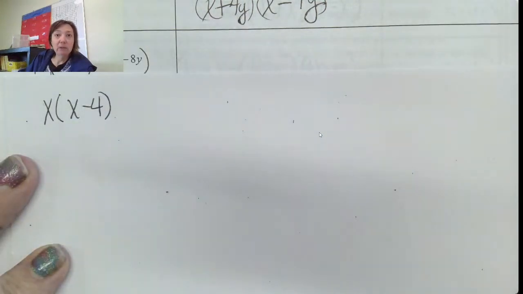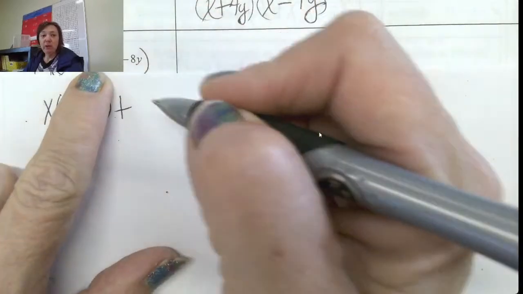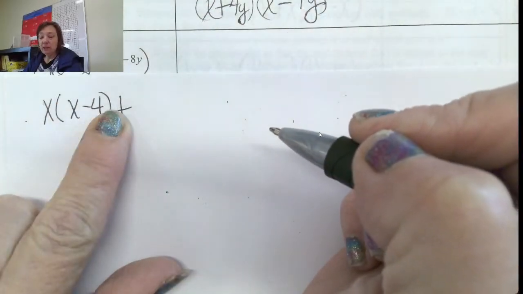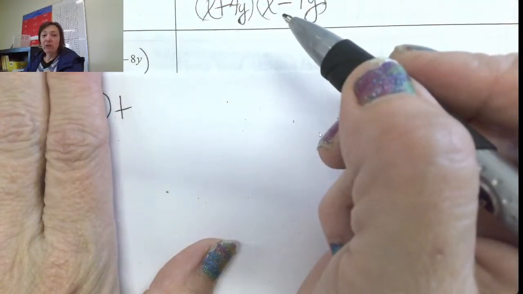Because we're factoring out X and factoring out X. Now, that plus sign did not disappear. We're going to put it down here. And then if we look at this side, we can factor out Y, anything else? 2.